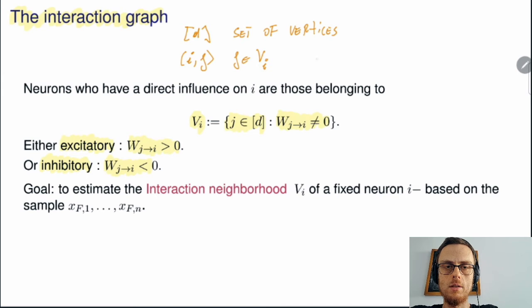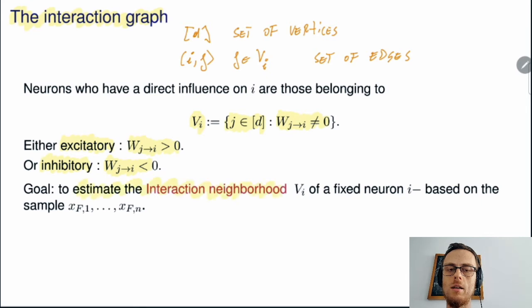So this is the set of edges. Okay? And the goal of this lecture is to present a very simple estimator of the interaction neighborhood V_i of a fixed neuron i. And of course, I can estimate this interaction neighborhood for each neuron in my network, and by doing that, what I estimate at the end is the interaction graph.